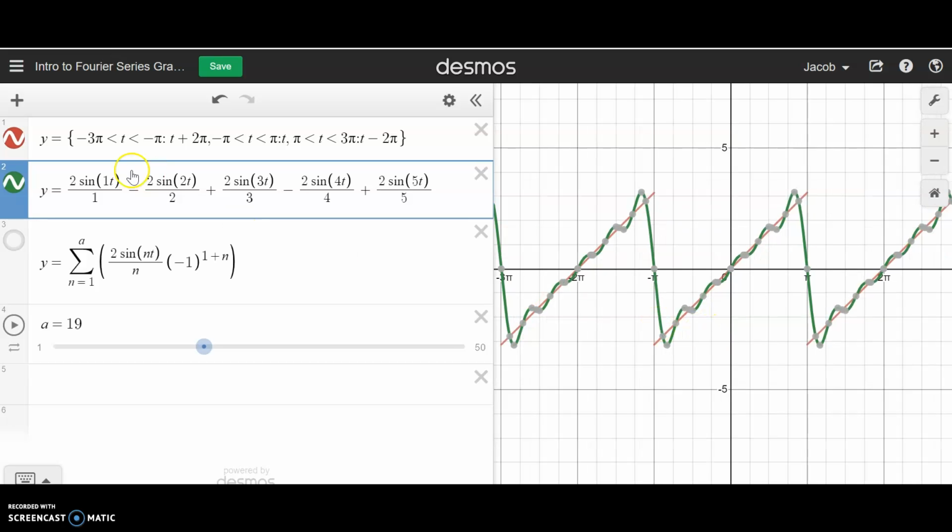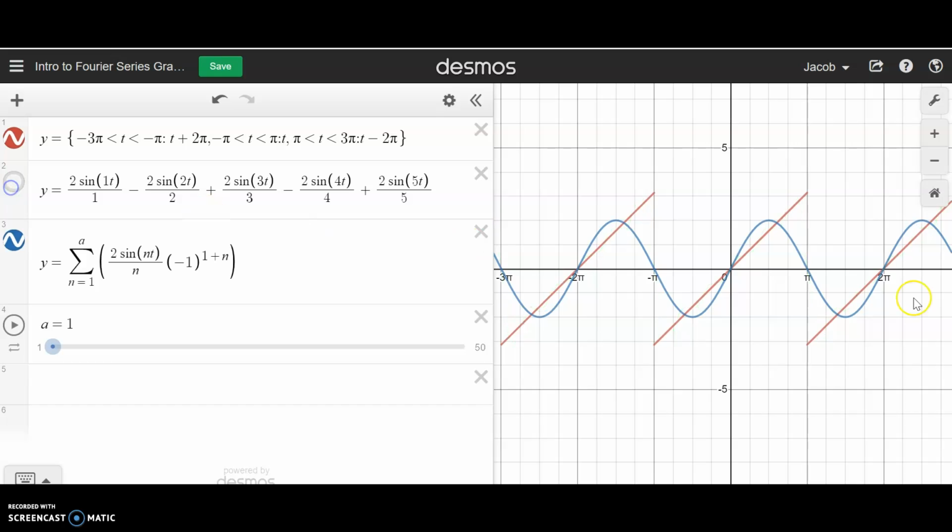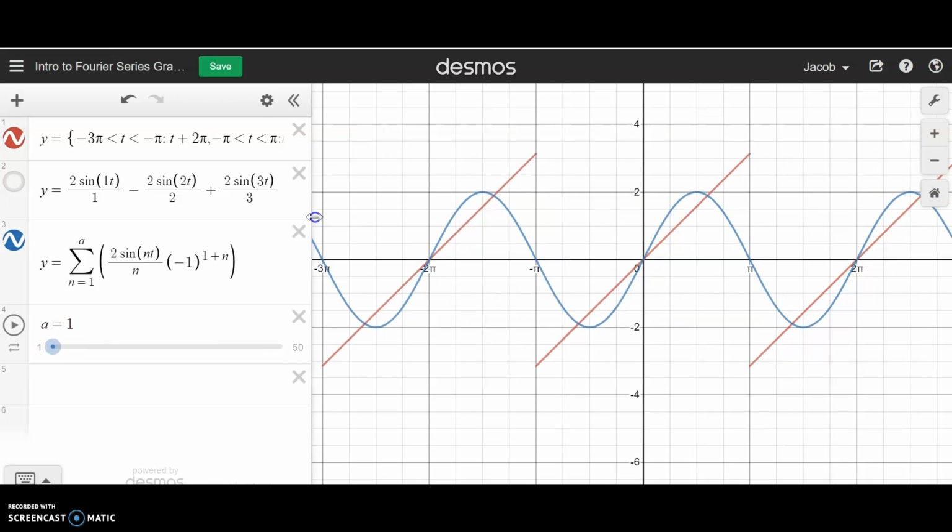So here I've got 5 terms for my series that I've added here. What I've got down here, and I'll add it right now, is actually really cool because you can see it forming. Let me move this over. If I start adding terms, that would be my first term.